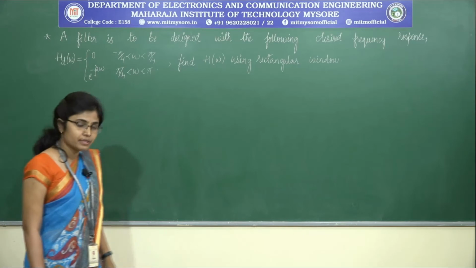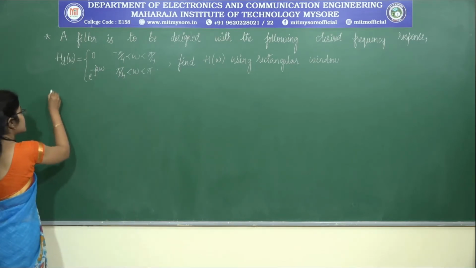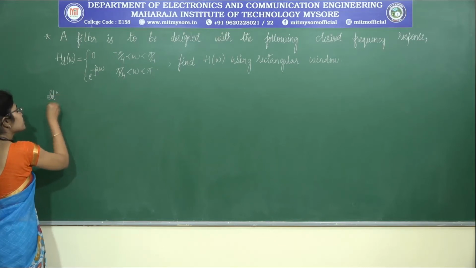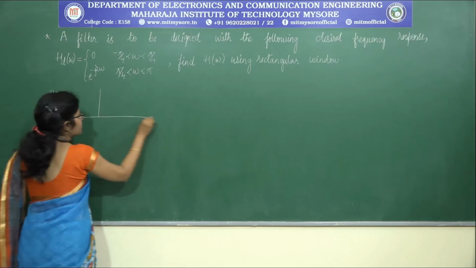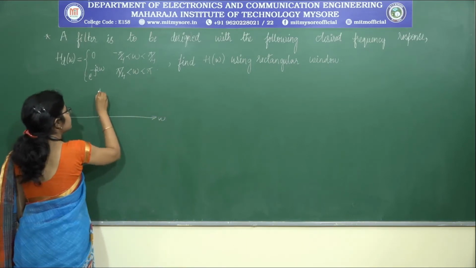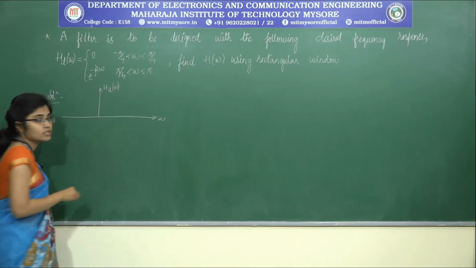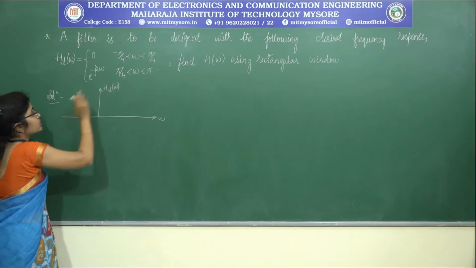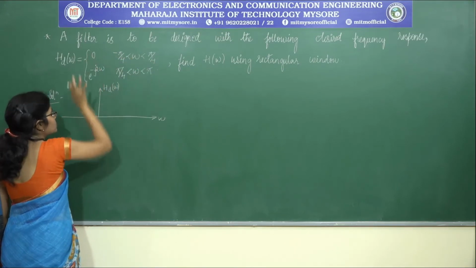They have given the desired frequency response and they are telling us to find the frequency response using a rectangular window. So if I try to draw the response, this is omega, HD of omega. From minus pi by 4 to plus pi by 4, the value is 0.